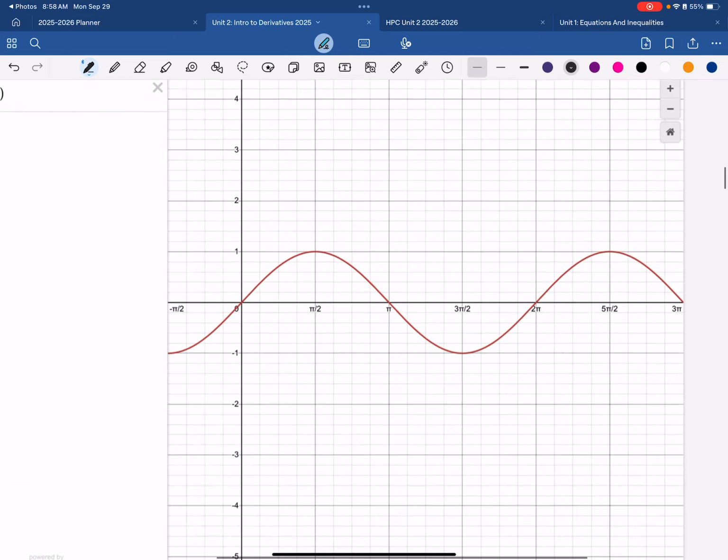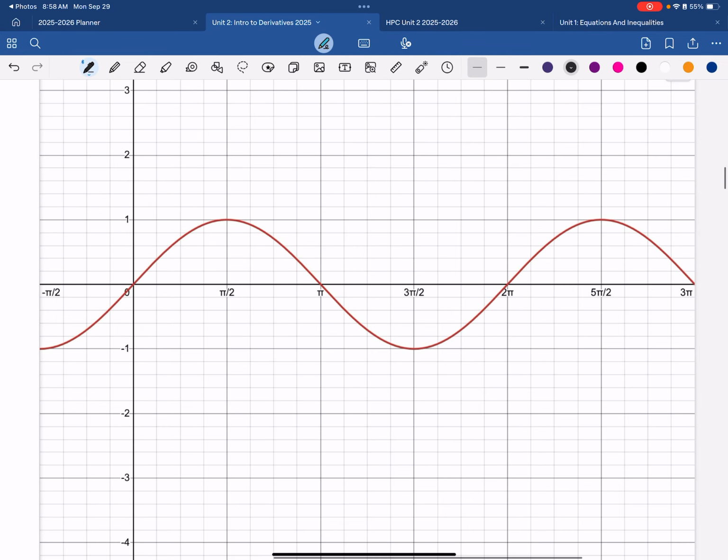So here I have a graph of sine of x, and since we're looking for the instantaneous rate of change at every given point to be able to develop the graph of the derivative of sine of x, we're going to approximate some tangent lines at key values. So notice at pi over 2, I have a horizontal tangent line, which means that the derivative equals 0 at pi over 2.